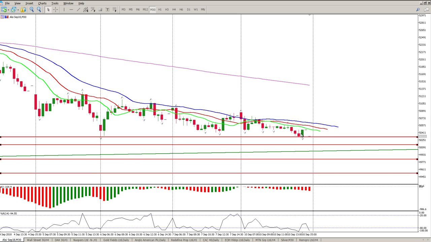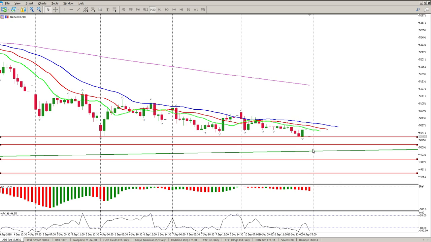So I'm looking for the closing range breakout. So basically looking for a break below 53.18. If we get that, then I'm looking for target areas of 51.46, 50,000. And if that goes at a stretch, we could get 49,835. I doubt we'll go as far as 49,500 in a straight line.